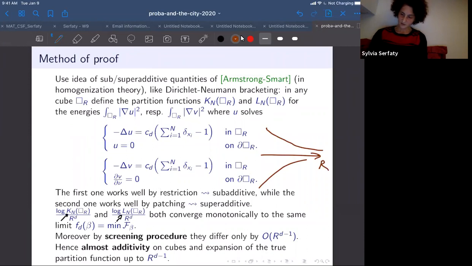One of them is above the other. That's not too hard to show. So they're in fact converging, each of them to a limit, but you can show it's the same limit, because what you can do is you can show that the discrepancy between the two is not very large. And what we can show is that the discrepancy is like 1 over R, in fact.